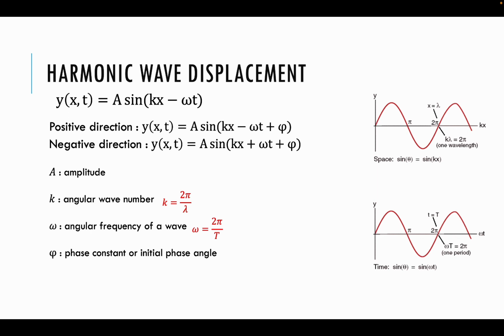The quantity kx − ωt + φ is called the phase. Okay, next referring to this graph, at a fixed position x, the displacement y varies as a function of time as y equals A sin(ωt) equals A sin(2π over T), with a convenient choice of origin.